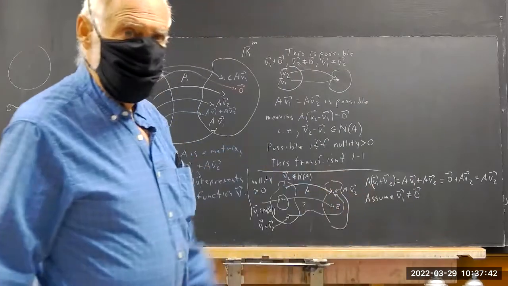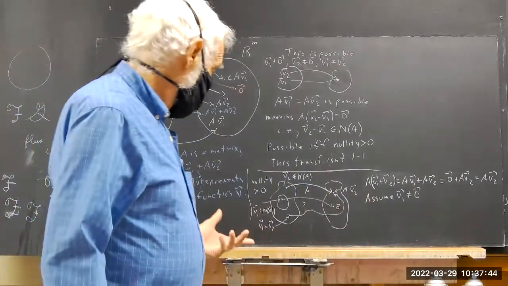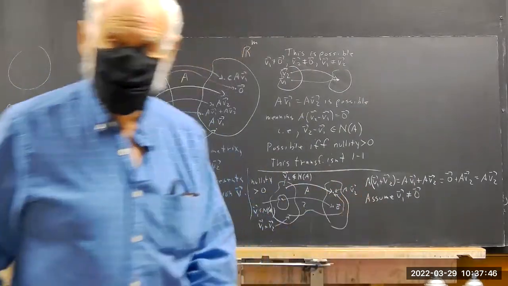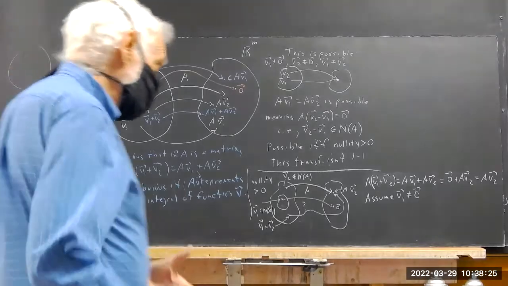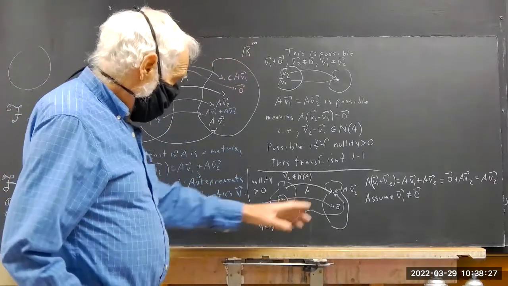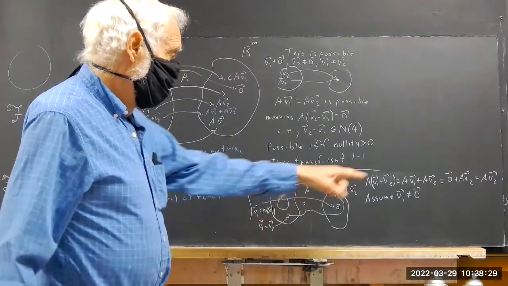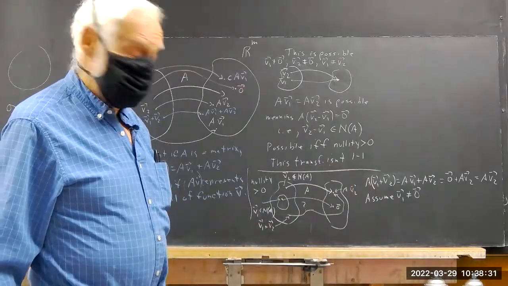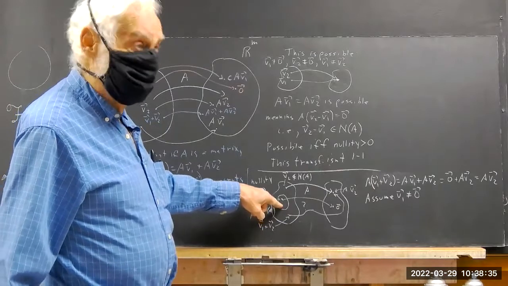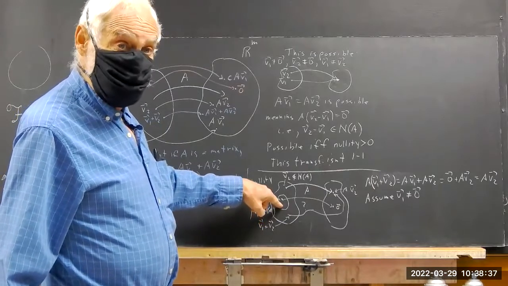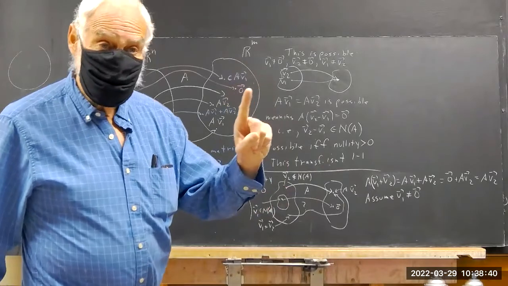You can assume that V1 is not equal to 0. Now, why can we assume that V1 is not equal to 0? I didn't give you a lot of time to think about that question. But if you ponder it a minute, you say, well, V1 could be non-zero because the nullity is greater than 0, meaning the dimension of this subspace is not 0, meaning you have at least one non-zero vector in it.